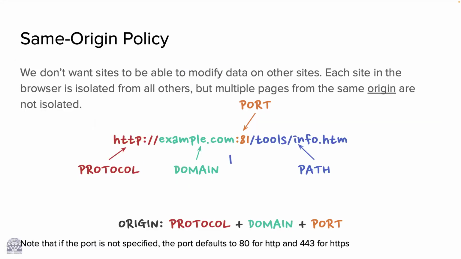How we define an origin is, given the URL, the origin is going to be the protocol, domain, and the port. If the port is not specified, the defaults are 80 for HTTP and 443 for HTTPS. So if both of them don't have ports, you can assume that they are the same. It's important to be able to identify when different URLs have the same origin.